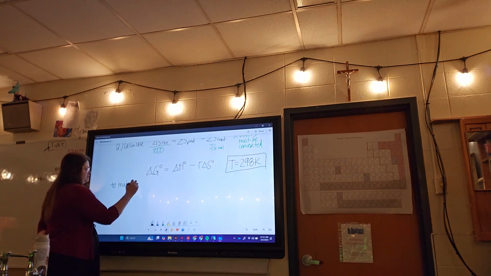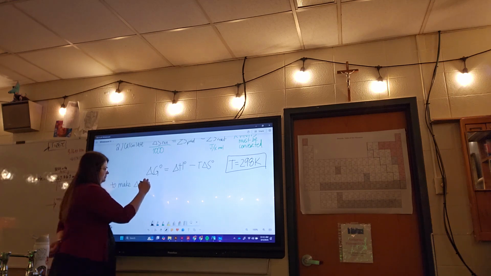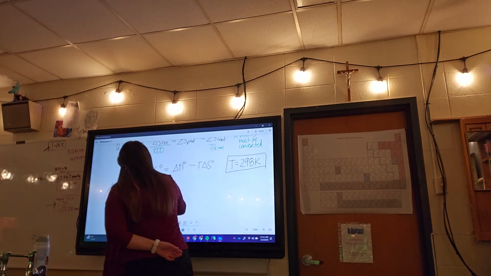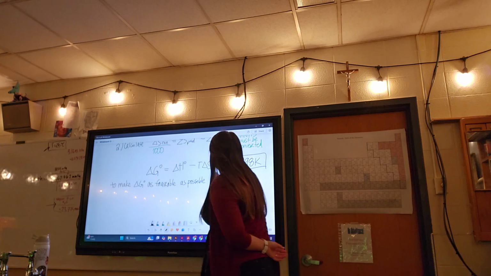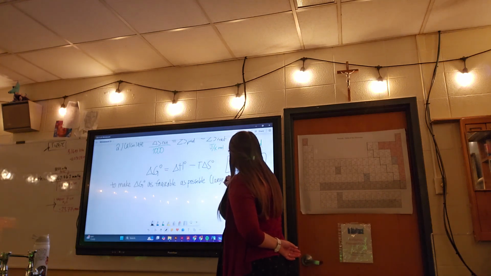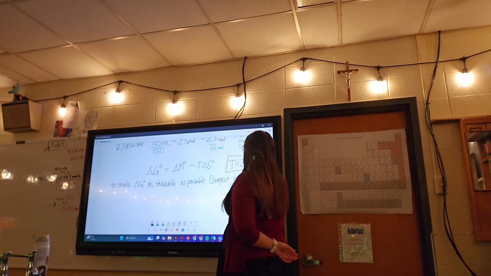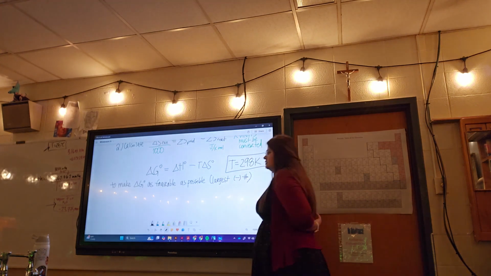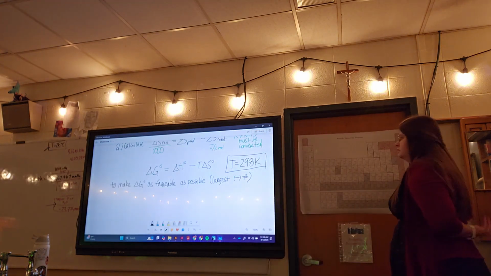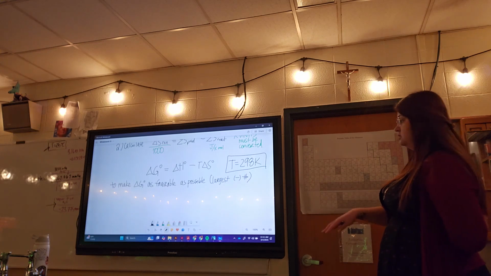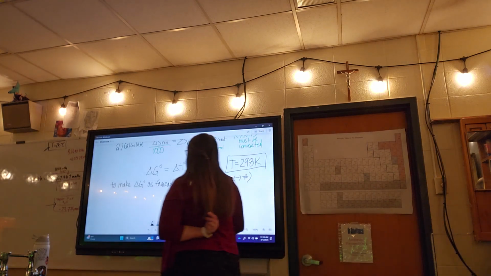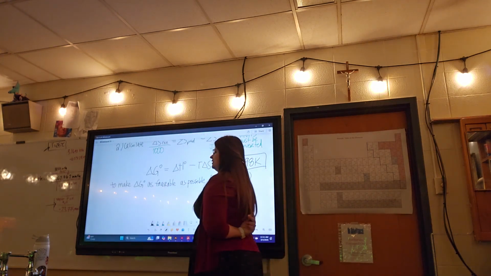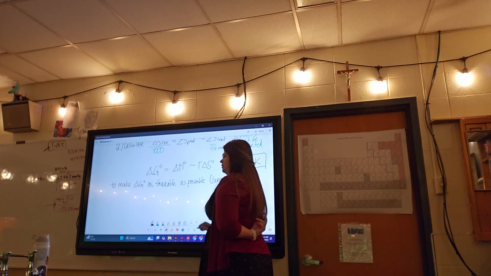To make delta G as favorable as possible, so in order to make it the most favorable, we want the largest negative number. There are a couple of things that you can do. Now, you might not be able to control enthalpy, but you can manipulate the temperature of your reaction. And so that gives you a little bit of freedom.